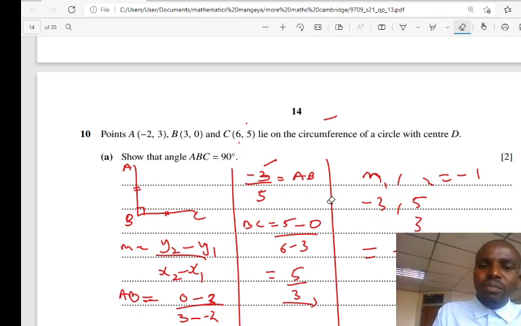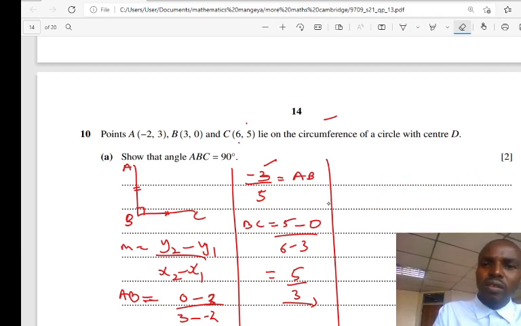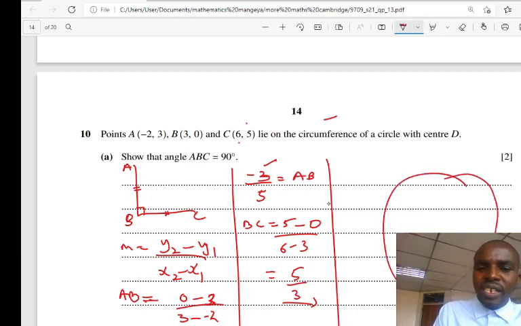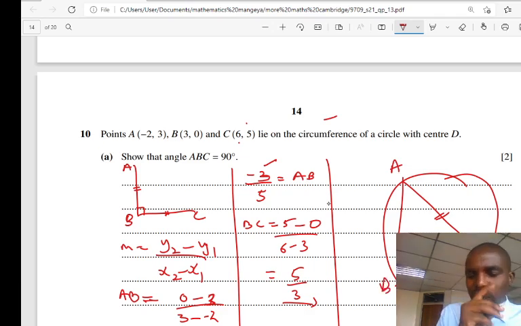Let me draw the diagram here. It means that A, B, and C, if the angle at B is 90 degrees, then the line AC is supposed to be the diameter, because the angle subtended by a diameter is a right angle. So AC is supposed to be the diameter of the circle, like this.